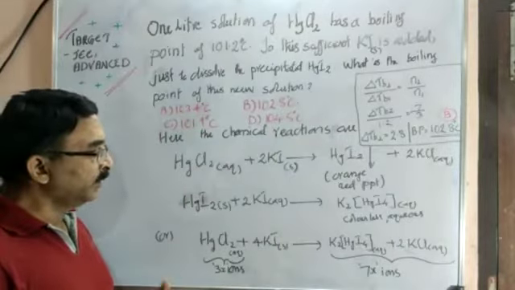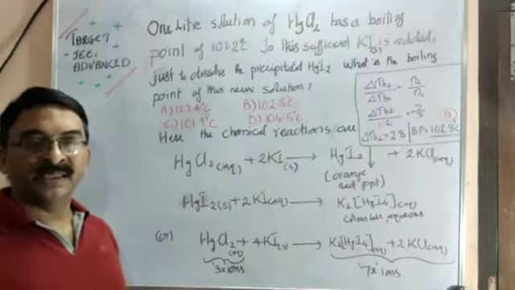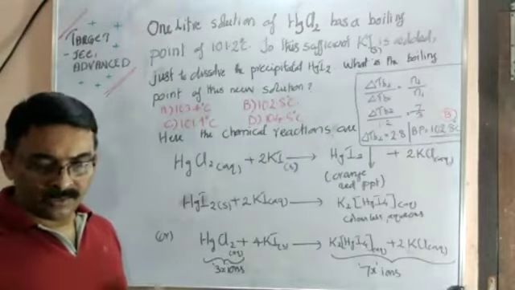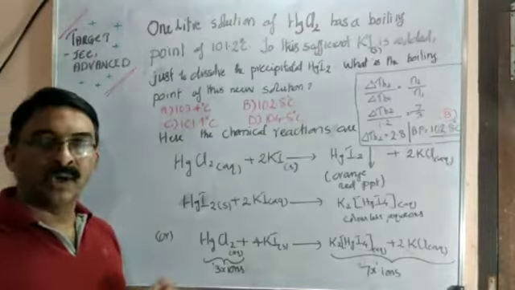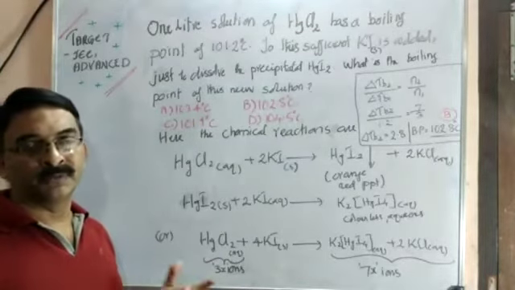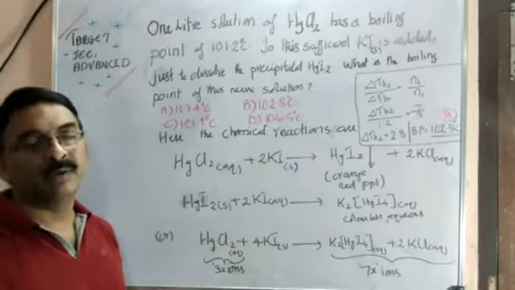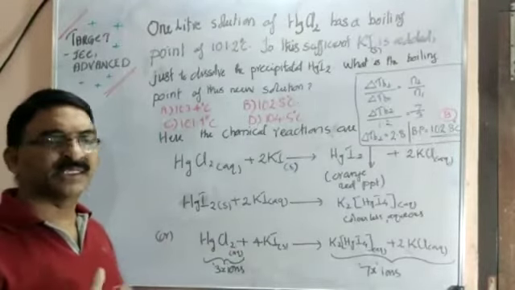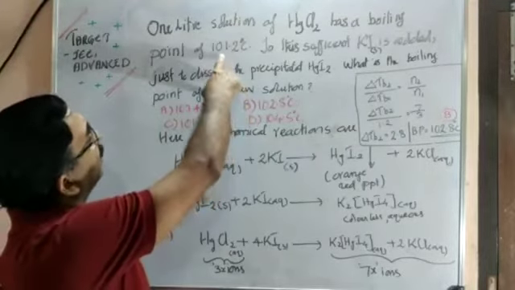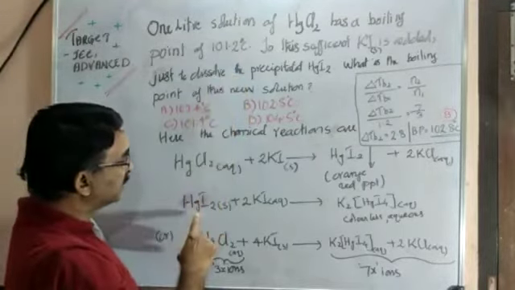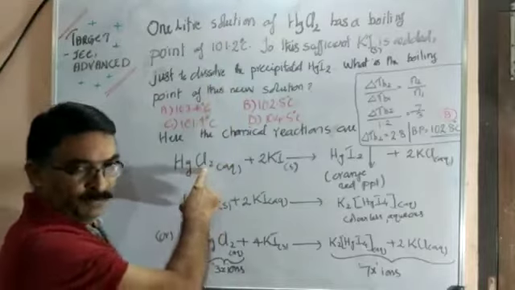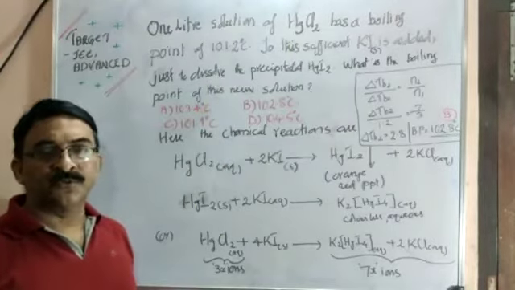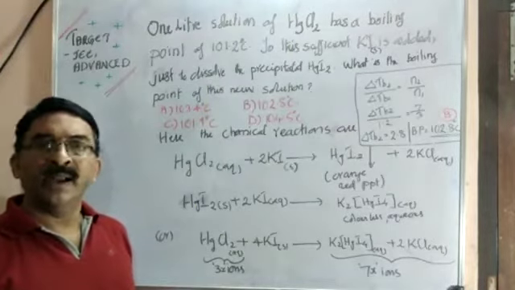See, this problem can be answered in a very simple way. You can approach it like that only if you are familiar with solving such kinds of problems; then you will be able to solve this very easily. Otherwise, you will write several steps, because the boiling point is given and the number of ions per molecule is 3, so you can first calculate the concentration of HgCl2 initially taken and proceed that way.